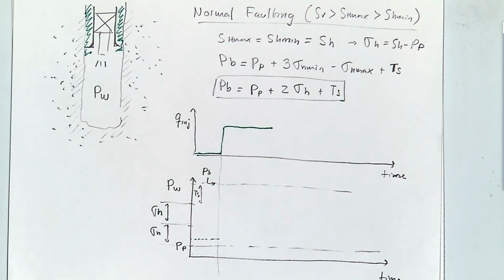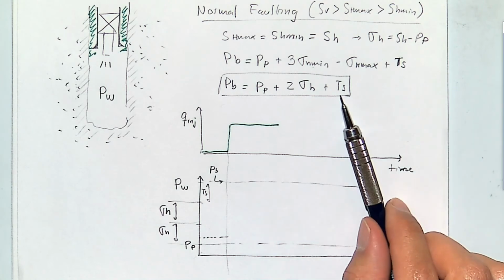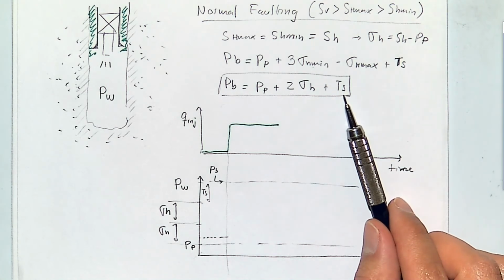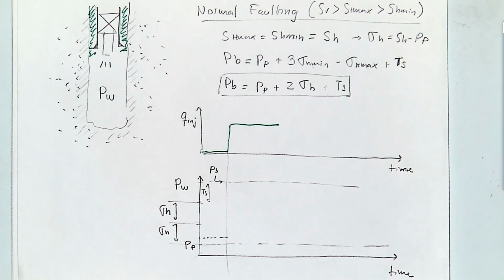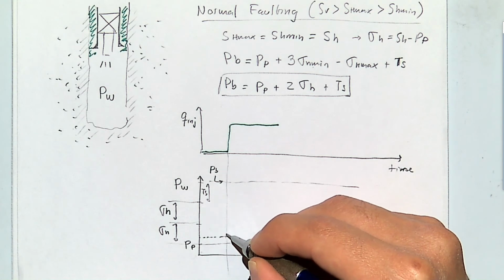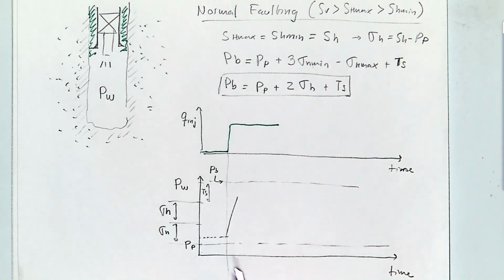The pressure is not going to be a lot higher than this, because that's already going to be the limit at which the rock breaks. So at this point, I'm going to start having a hydraulic fracture, or a tensile fracture and then a hydraulic fracture. So the pressure is going to increase easily it will go to this value.